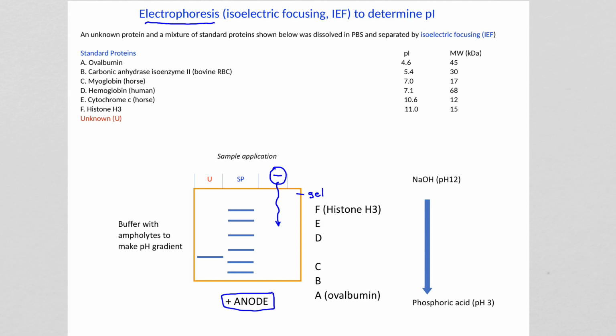Now, if the biomolecule had a net positive charge, then we would simply make this the cathode, negative. So the positive will go towards the negative in this case.